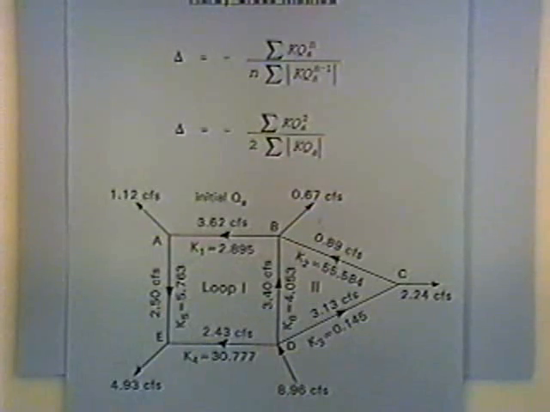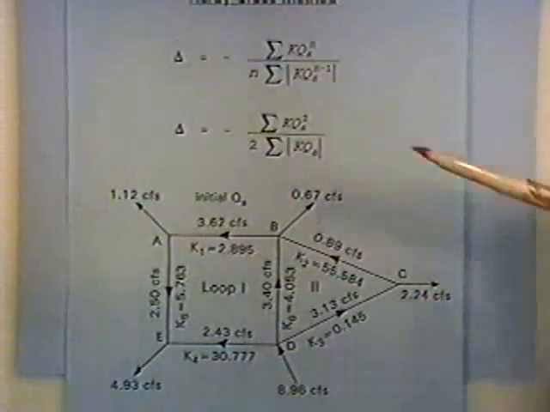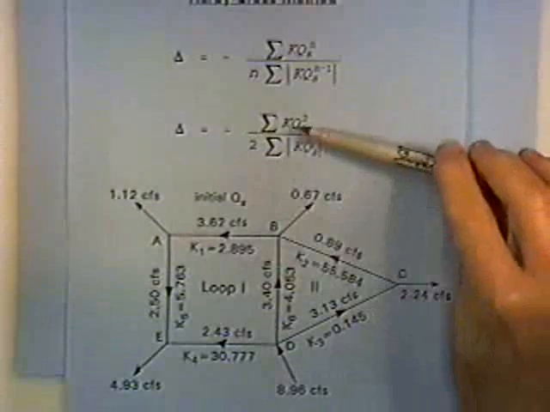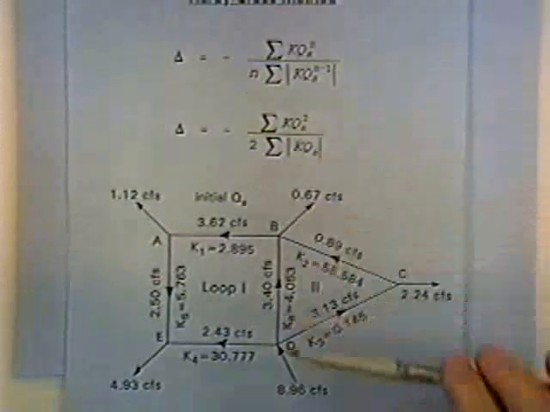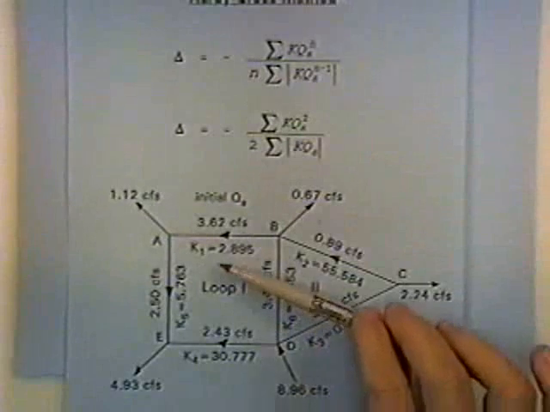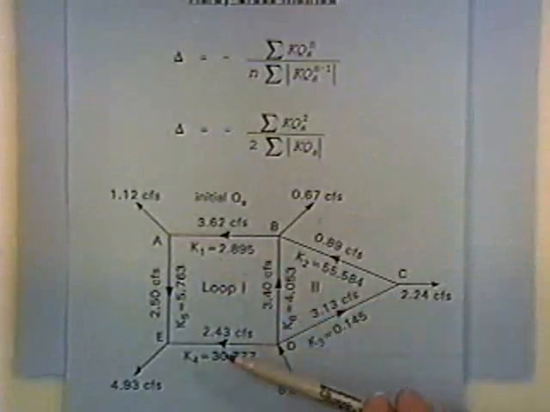And so, to get the correction factor for loop 1, we have to sum up the head losses in that loop. And so we're summing up KQ^2. The pipes pertinent to loop 1 are pipe 1, pipe 6, pipe 4, and pipe 5.